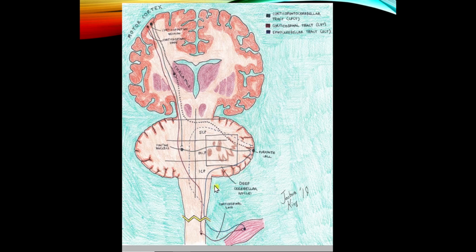Now, when that pathway is activated, it also activates a parallel pathway here. This pathway is called the cortico-pontocerebellar tract, and the name tells you exactly what it does. It goes from the cortex to the pons, so it synapses in these pontine nuclei.